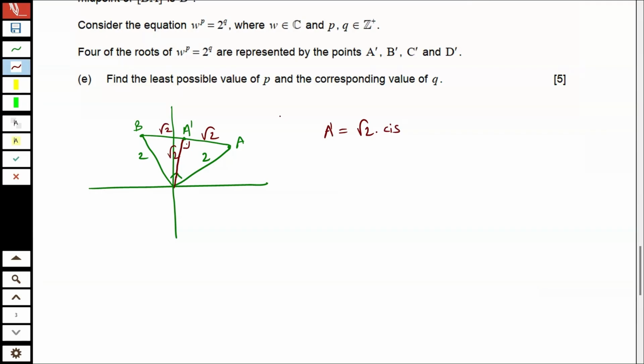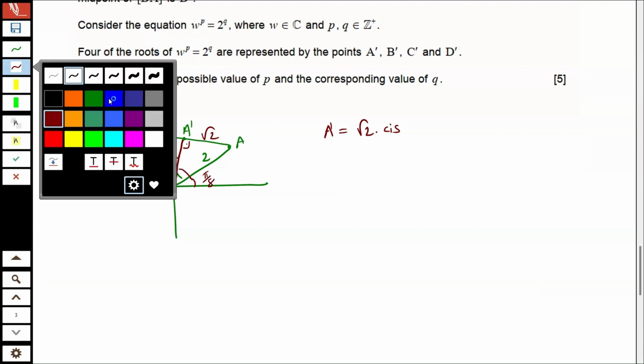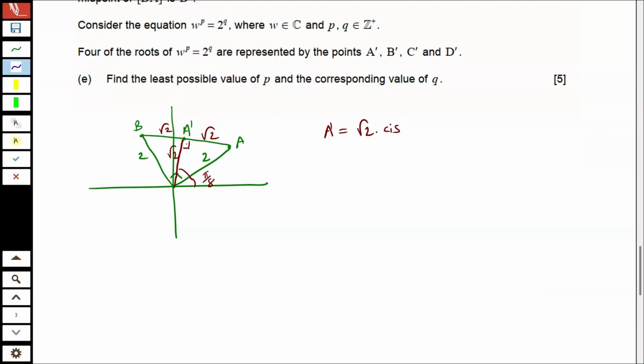Let's find the angle. It was here pi over 8. And this is gonna be half of the 90 degrees, or pi over 2, which is pi over 4. In this case, you can write pi over 4 plus pi over 8, which is 3 times pi over 8, right?